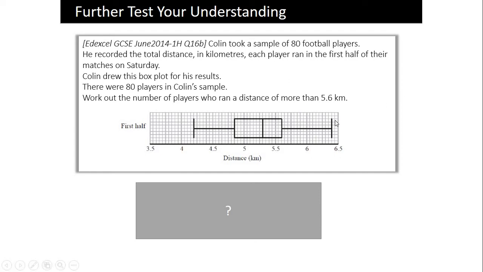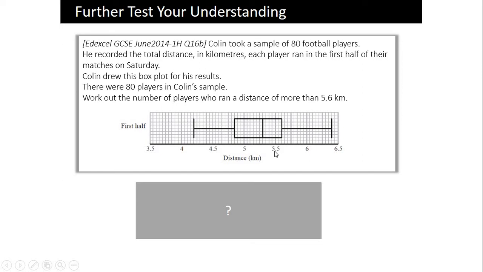Now 5.6 kilometres, if we look at the scale here, from 5.5 up to 6 there are 10 small squares. So for 0.5, if we share that by 10, each little square will represent 0.05 kilometres. So this line here, the line for the upper quartile, is actually the 5.6. And we know from the upper quartile to the end of the data, this represents 25% of the data.